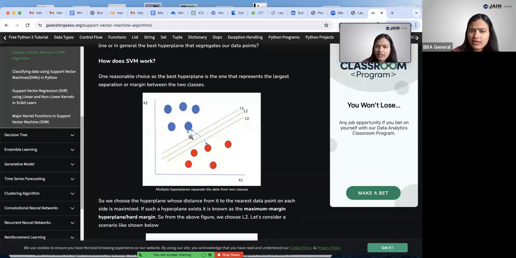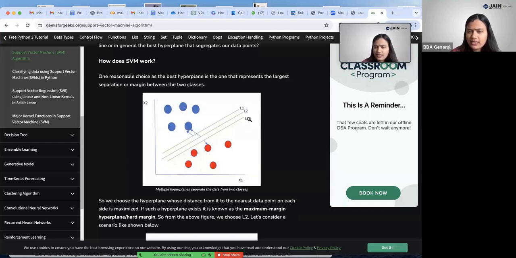Line 1 has less distance on the blue side compared to the red side, whereas line 2 has almost equal distance on both the blue side and the red side.